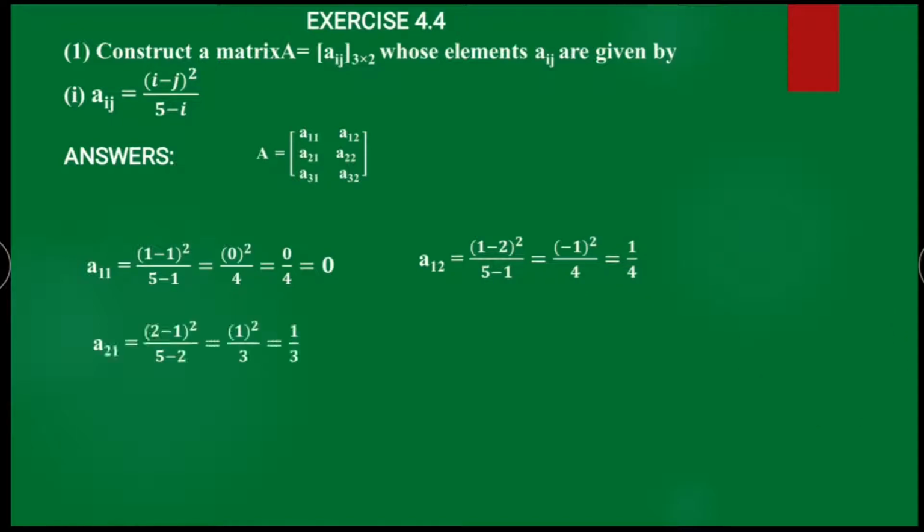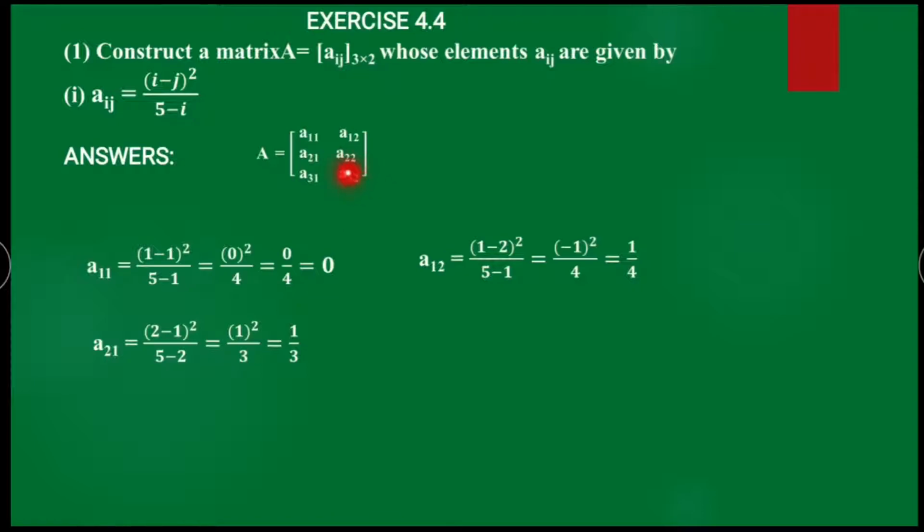Then we find the third element, that is a21. So here we replace i by 2 and j by 1. So in numerator we get 2 minus 1, and we replace i by 2, so 5 minus 2, that is 3 in denominator. So 2 minus 1 we write 1, 1 square which is 1. So we get the value of a21 as 1 by 3.